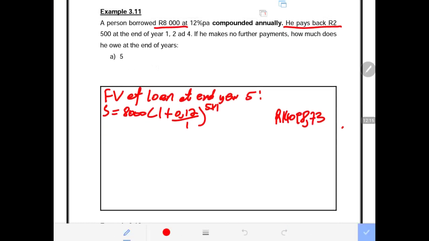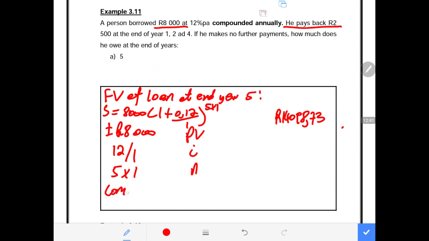How? I could have said plus minus 8,000, which is our present value. Our interest is 12% divided by 1 because it's compounded once a year. Our n will be 5 times 1, the number of years in a year is 1 year.